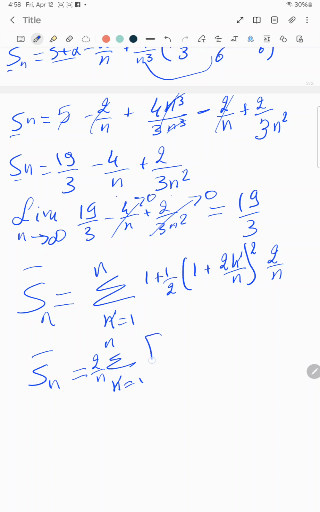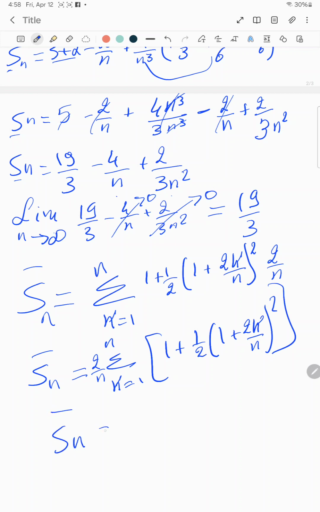It becomes 1 plus 1 half, 1 plus 2k over n squared, and you do the calculation. At the end, if you follow the same logic, you will have Sn, the upper bound, equal to 19 over 3 plus 4 over n plus 2 over 3 n square.